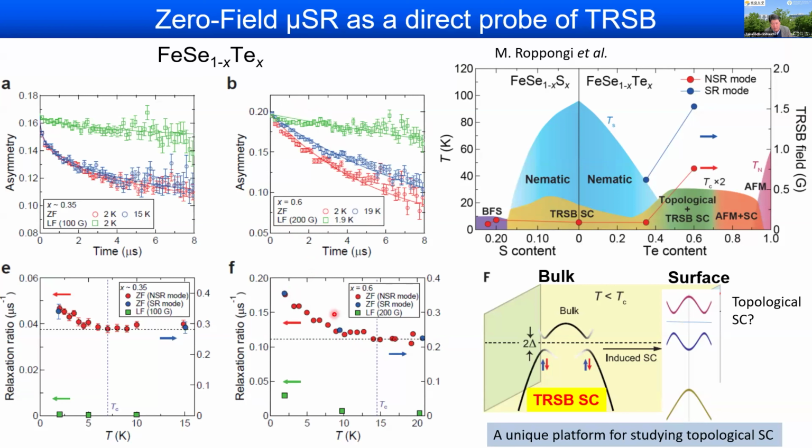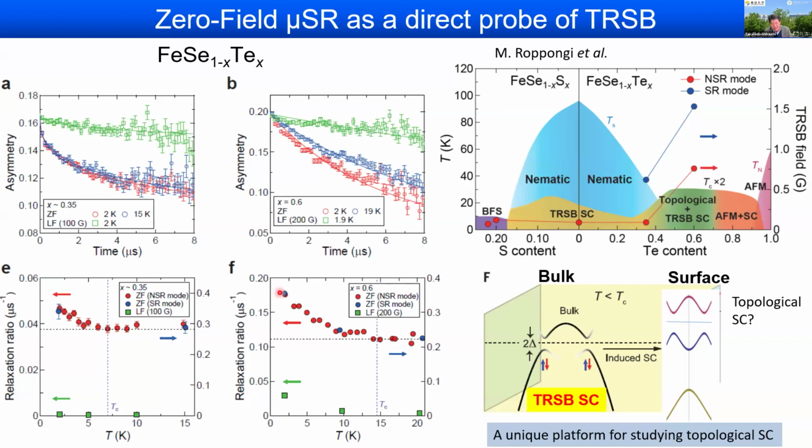So this indicates that this relaxation is coming from the static internal magnetic field rather than the fluctuating magnetic field. So this indicates that we have some kind of static field appearing inside the sample, which is coming from the superconductivity. Yeah, but it's linear in temperature, and I'm asking what you associate that linearity with.